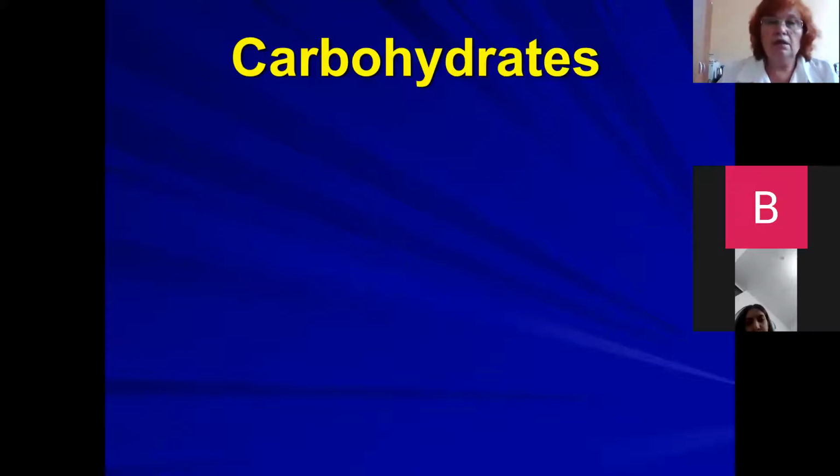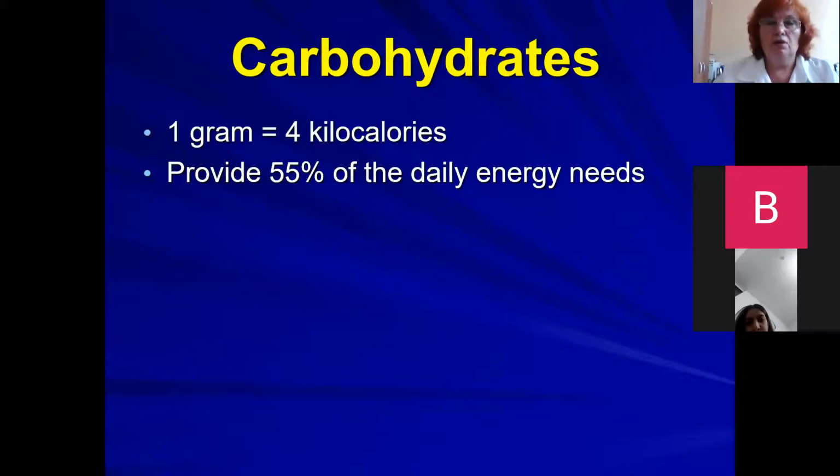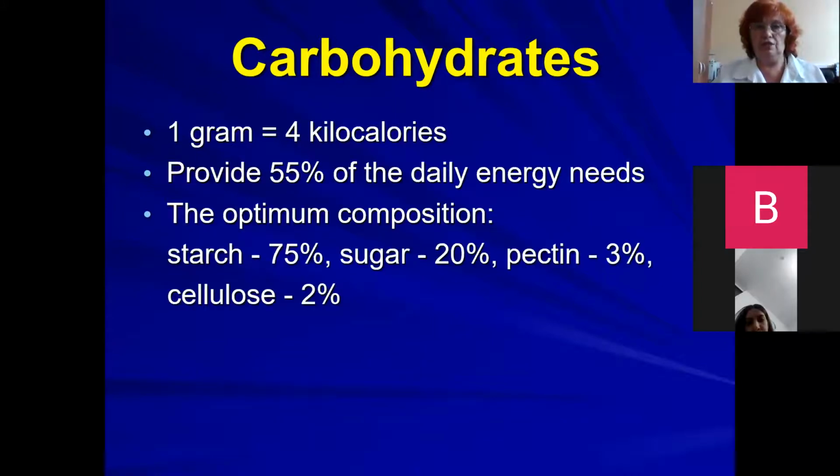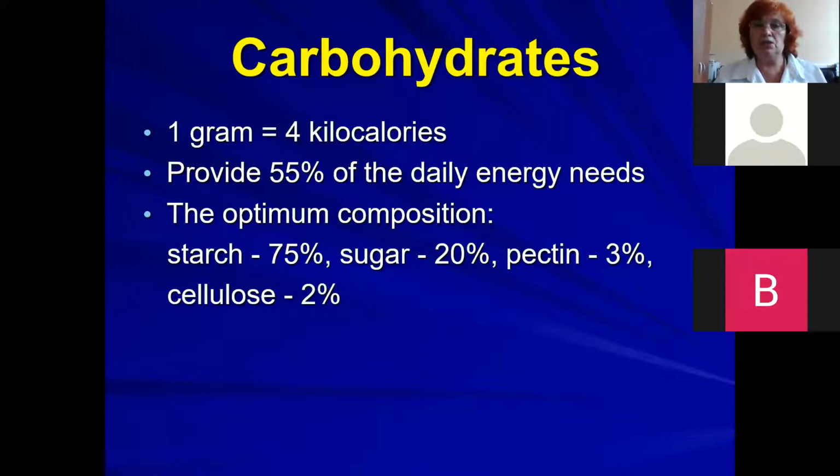Carbohydrates. 1 gram has 4 kilocalories. Carbohydrates provide 55% of the daily energy needs. The optimum composition is starch 75%, sugar 20%, pectin 3%, and cellulose 2%.